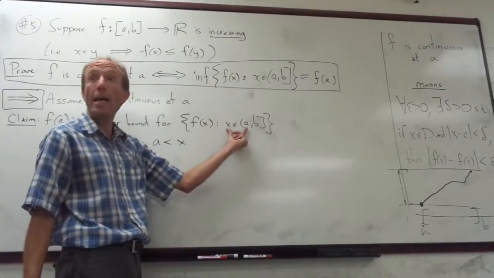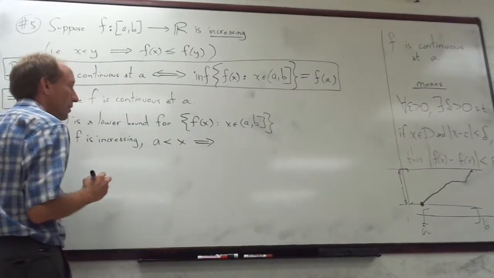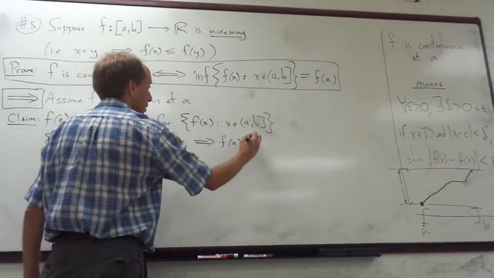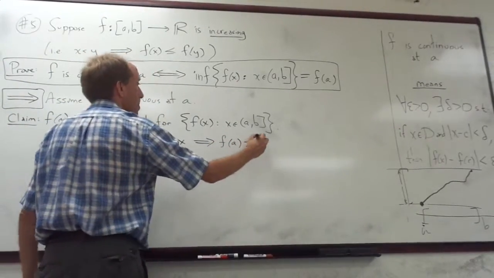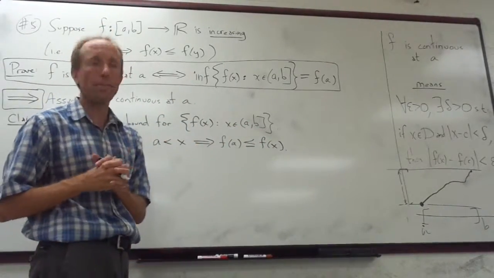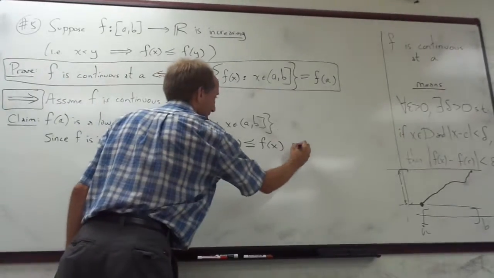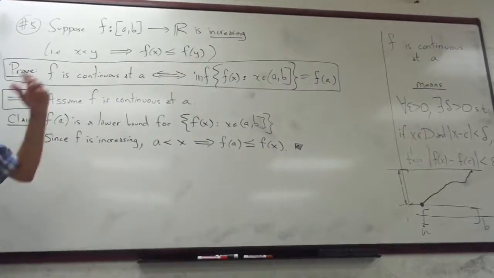Notice x is bigger than A, right? Okay, so if A is less than x, that implies what now? f of A is less than or equal to f of x. There we go. Perfect. So f of A is less than or equal to everything in this set. That proves that f of A is a lower bound for that set.